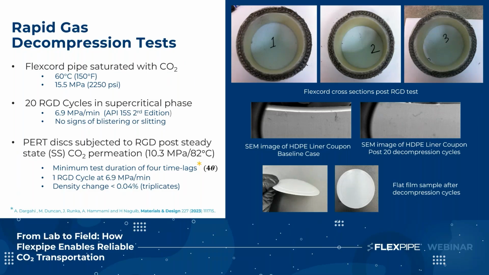Images in the middle row show the SEM results of the HDPE liner after 20 RGD cycles of CO₂ exposure at the supercritical phase, which is the most aggressive one. And images at the bottom show our typical flat film samples after the permeation and RGD tests.